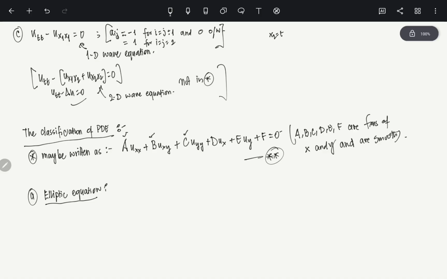So when do we call it an elliptic equation? Let's say it is elliptic at a point x naught, y naught.